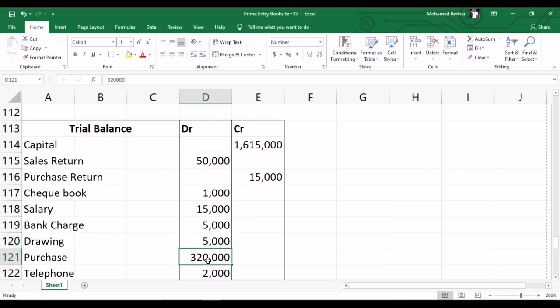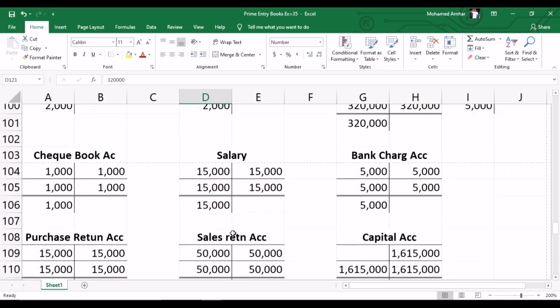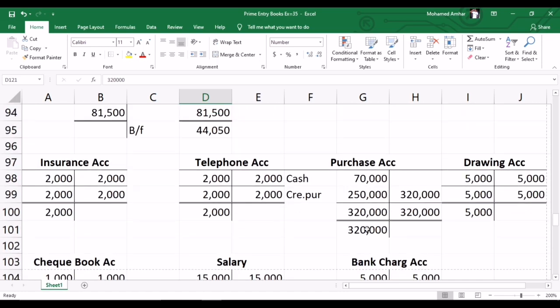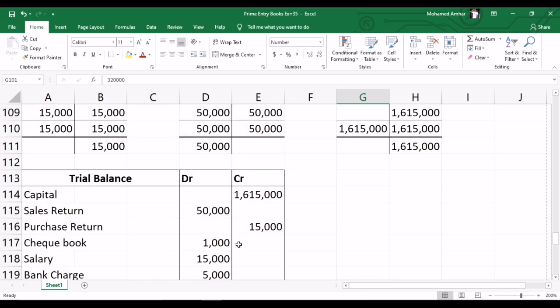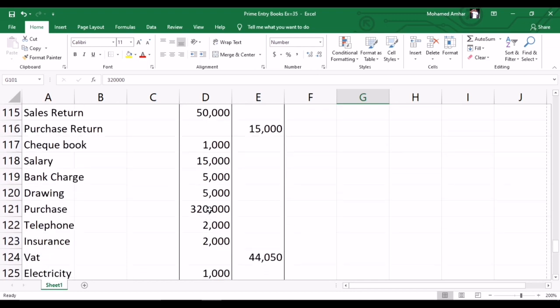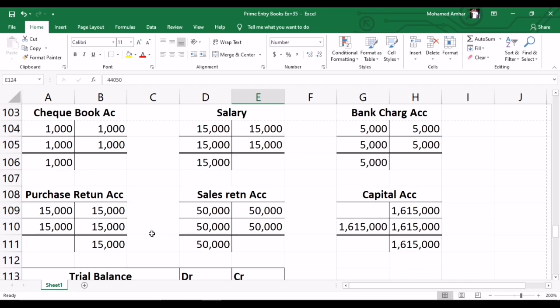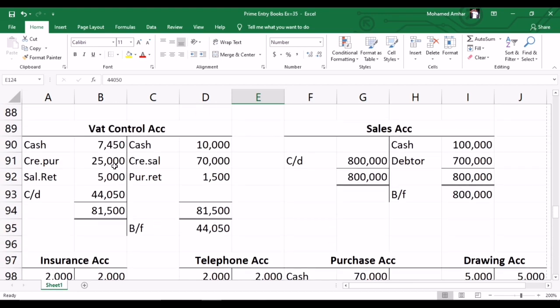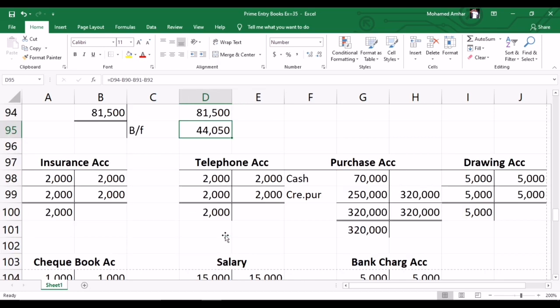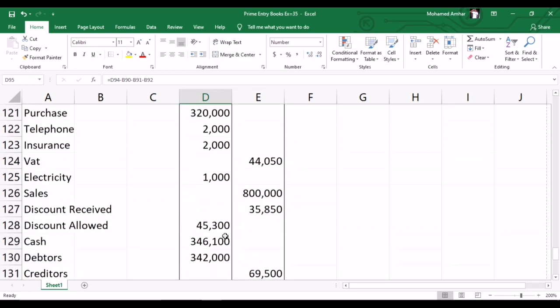Bank charge account balance 5000, debit balance. Drawing account balance is debit balance. Purchase account balance is debit side balance. See here, purchase debit side. So here also in the trial balance also debit side. Telephone debit side balance. Insurance debit side balance. VAT account balance is credit side. Here check it. VAT account brought forward balance is in the credit side. So you also have to take to credit side.